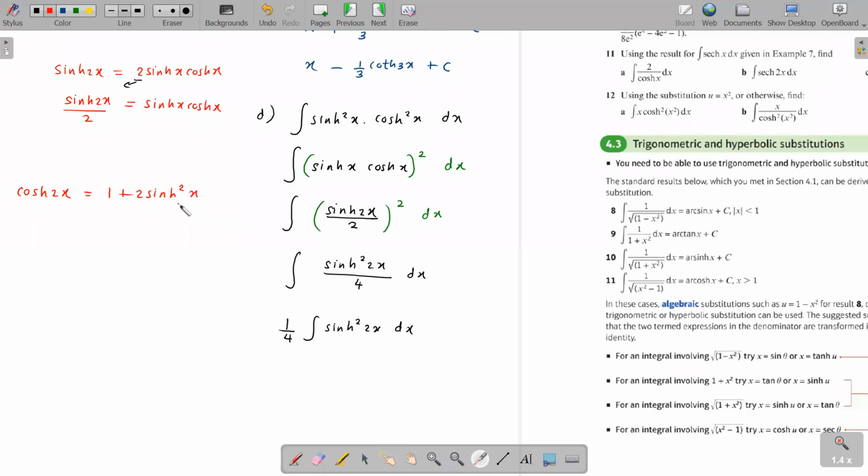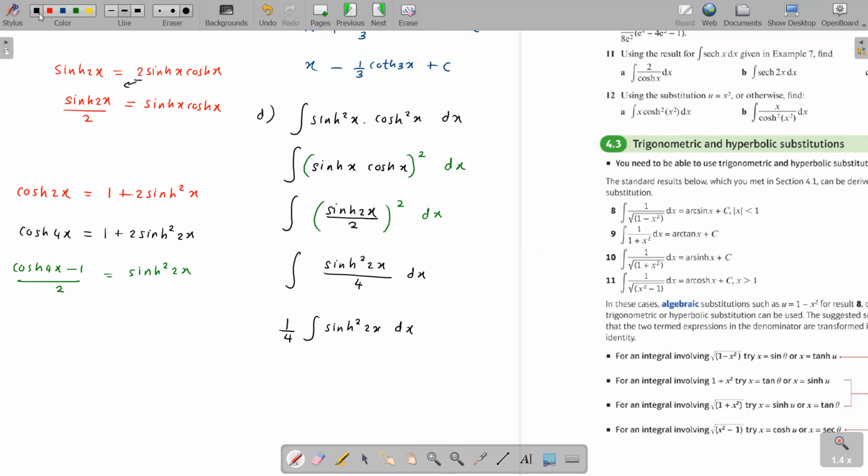So if I have sine square 2x here, this should be cos 4x. Cos 4x is 1 minus 2 sine square 2x. So this is the identity that I'm planning to use. So this means sine square 2x is 1 minus cos 4x over 2.